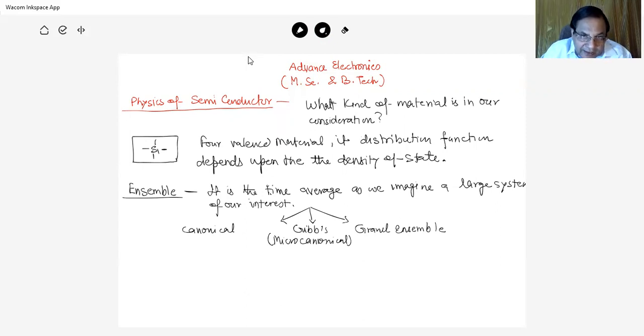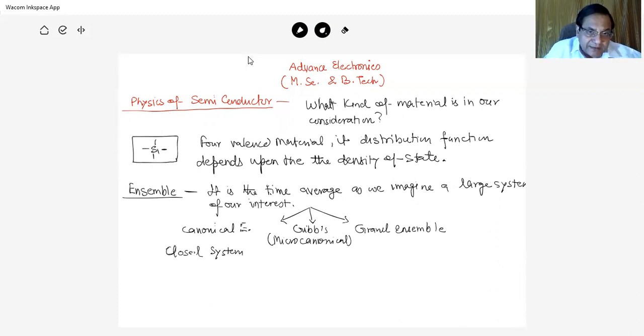So the canonical ensemble is the closed system.